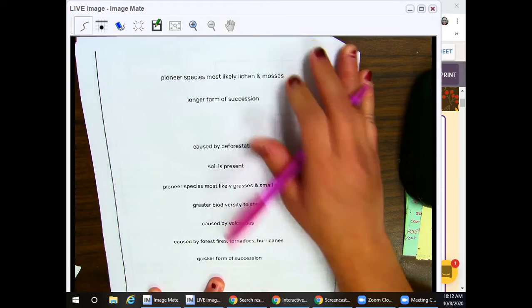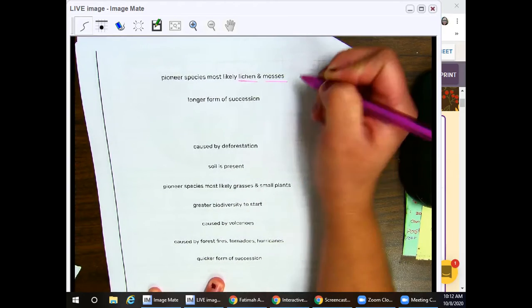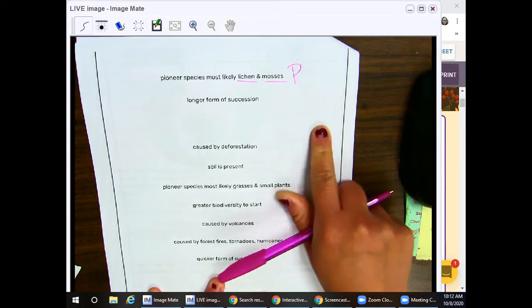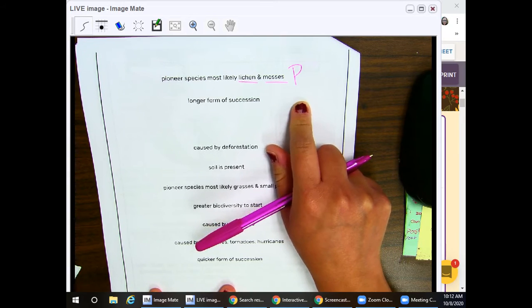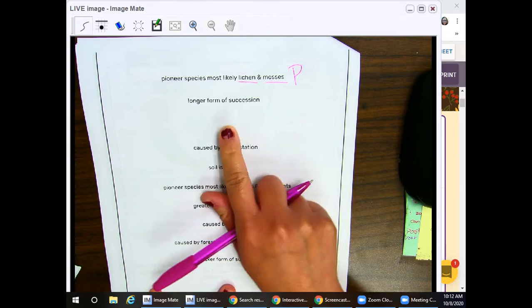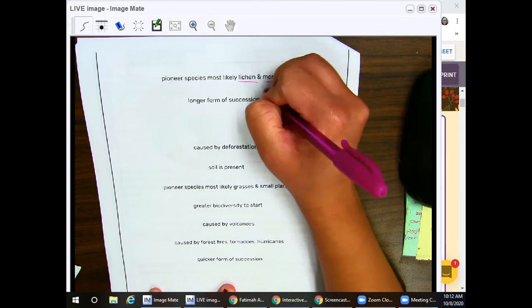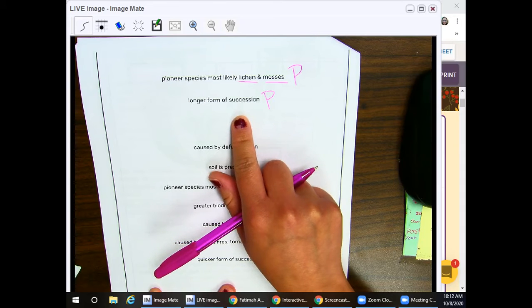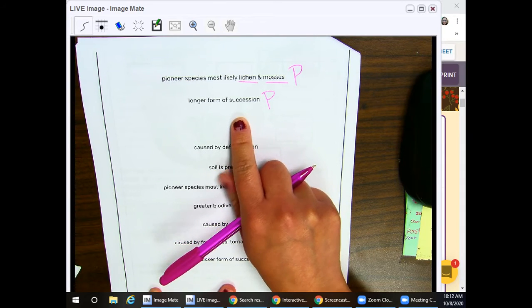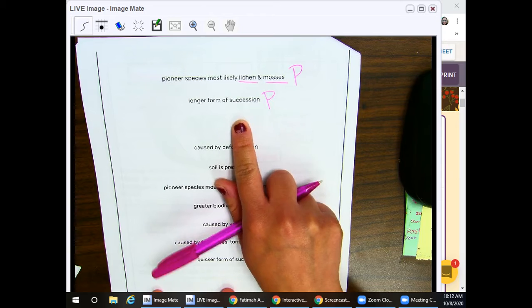So pioneer species like lichens and mosses, that's my primary. Those are the first two organisms that start to appear on bare rock. The longer form of succession is also primary. It takes a longer time because we're starting with rock. We don't have any soil, so it's going to take us a longer time to grow trees.